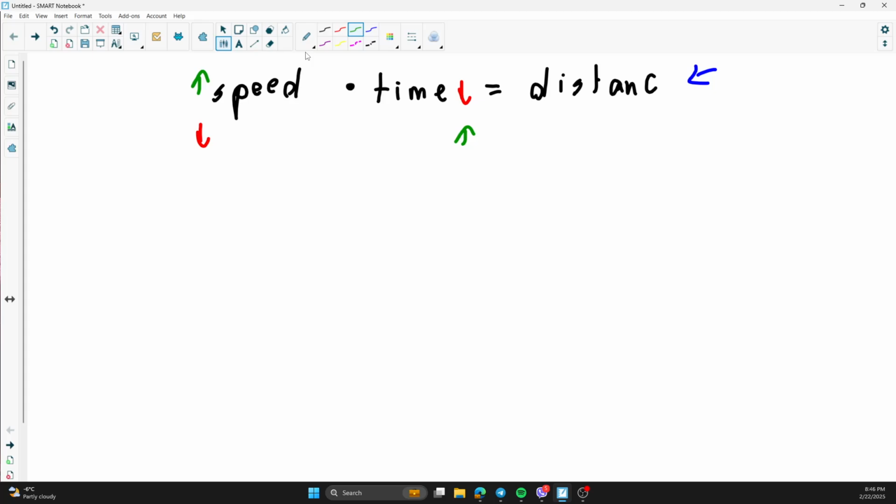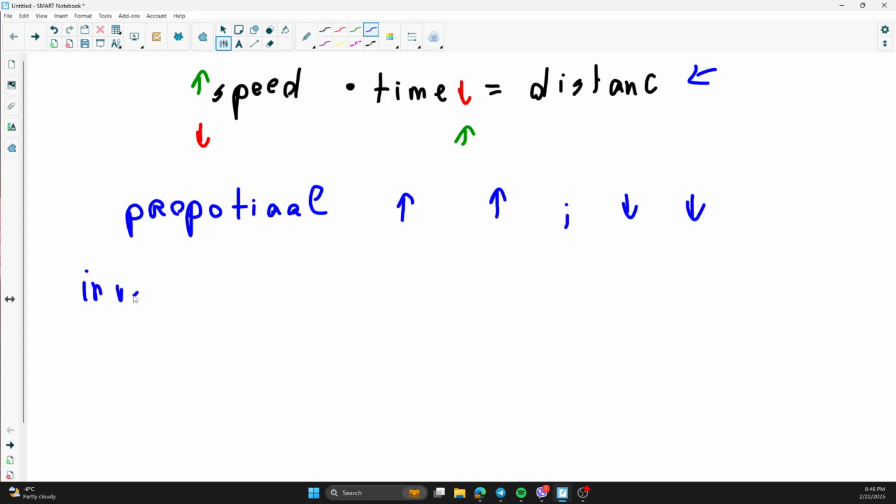Okay, so we have proportional. Proportional basically says if one measurement is going to increase, the other one is also going to increase, or if one measurement decreases, the other one also decreases.